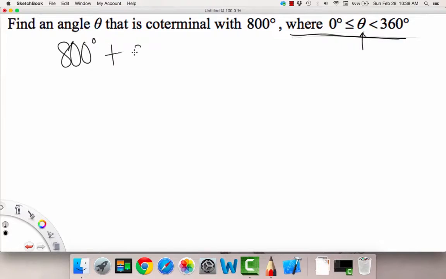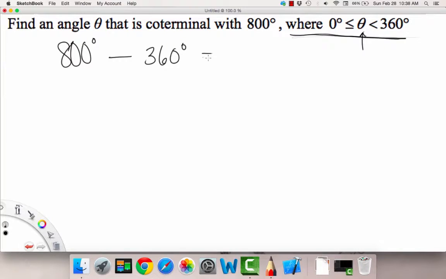So if we were to add 360, that wouldn't really make sense because we're going in the wrong direction, right? We'd get something crazy like 1,160 degrees, which is definitely not getting any closer to this range here. So what we'll want to do instead is start subtracting 360 degrees from 800, because this 360 degrees just means you're taking away a full revolution.